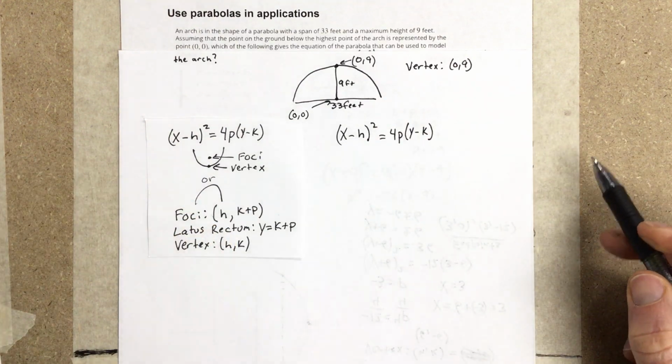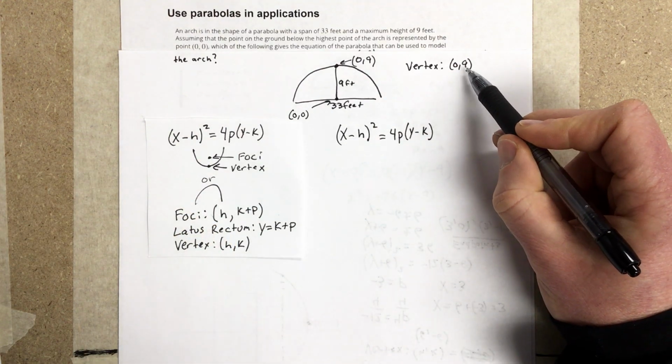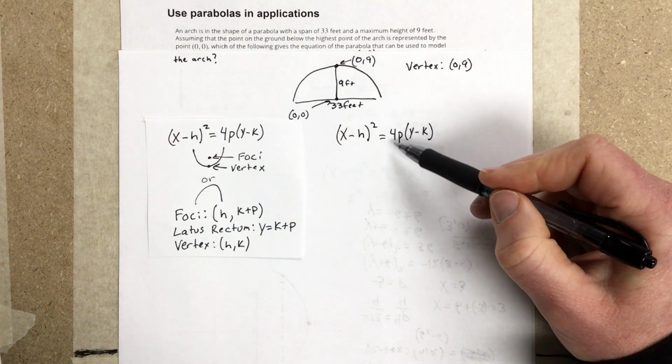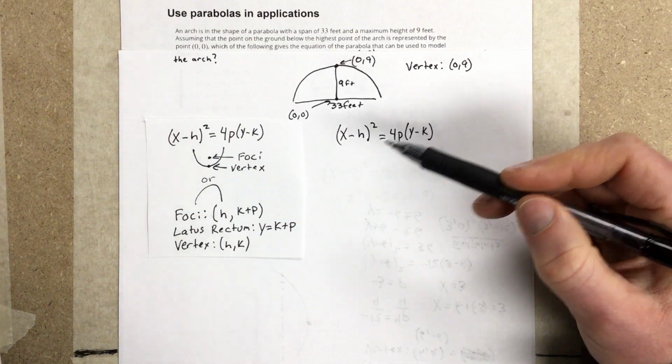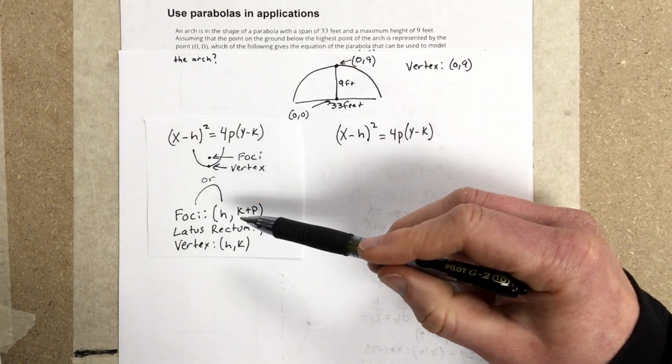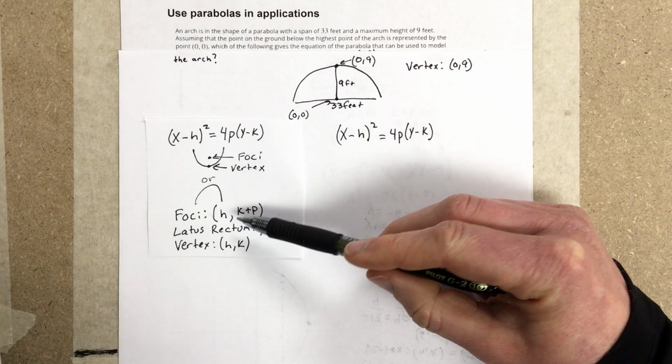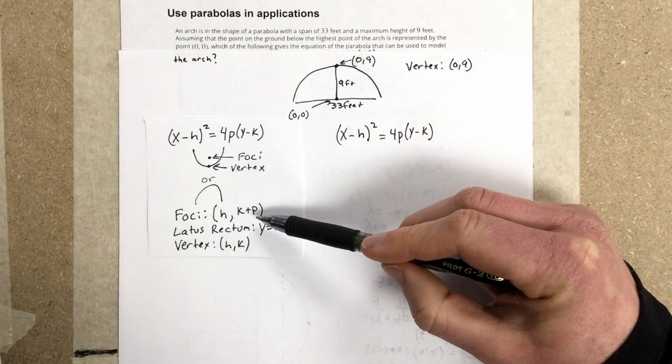So if I know that h and k are 0 and 9, what I really need to find out is what p is. I know that the focus is going to be (h, k plus p).